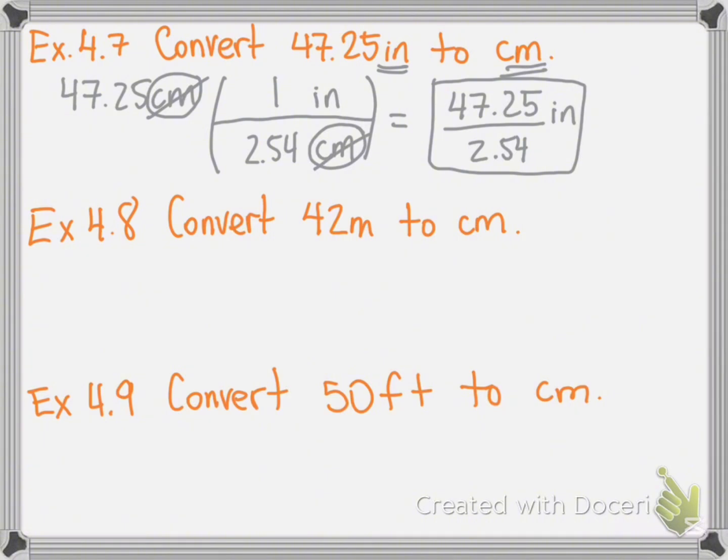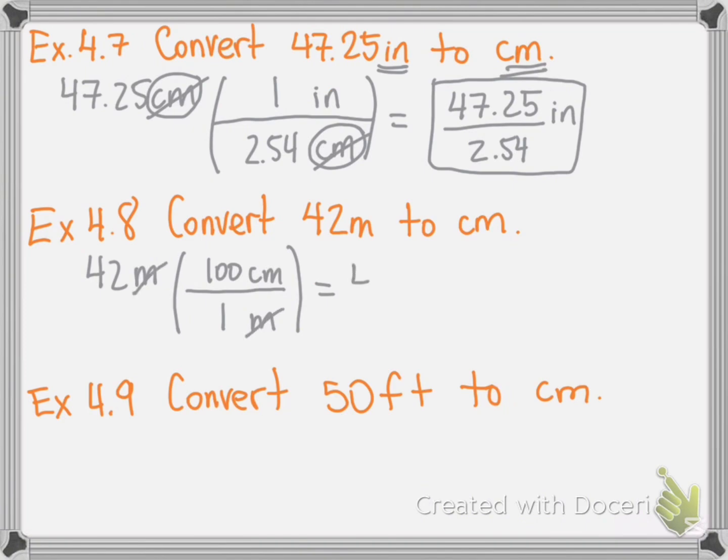Now, the next exercise is about converting within the metric system. So we do the same. 42 meters, we want to pass to centimeters. And we know that 1 meter equals 100 centimeters. And again, the meter on the top cancels with the meter on the bottom.